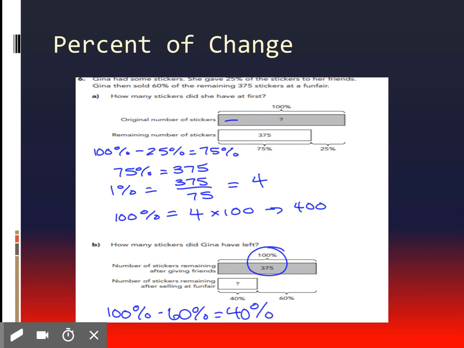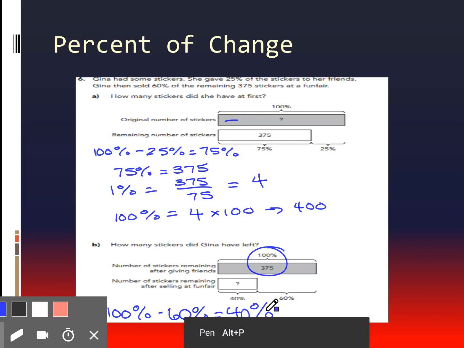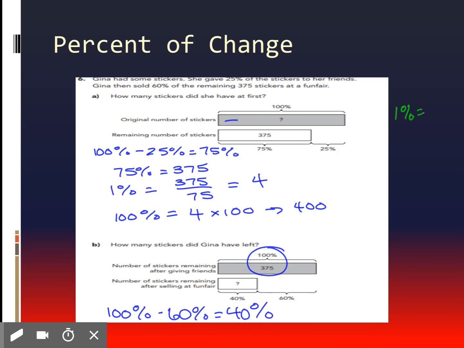So first you're going to start by figuring out what 1% is. I'll change colors and write this off to the side for you. So 1% would be 375 over 100. So now to figure out what 40% is, you would do, and I'll write this down here, 375 over 100 times 40.